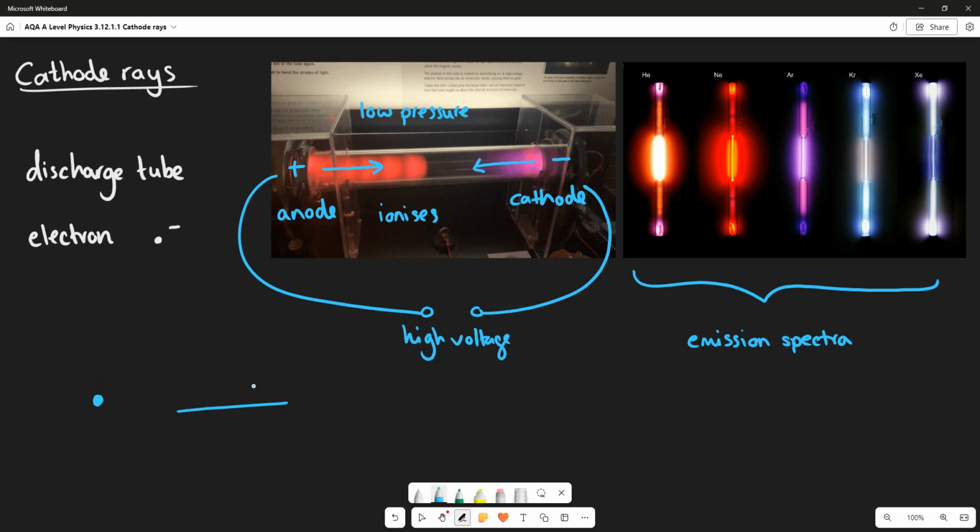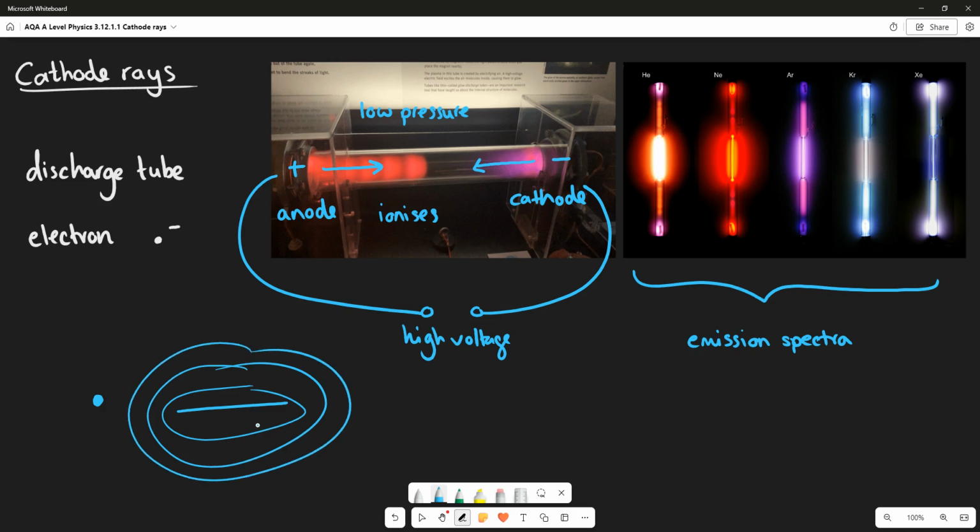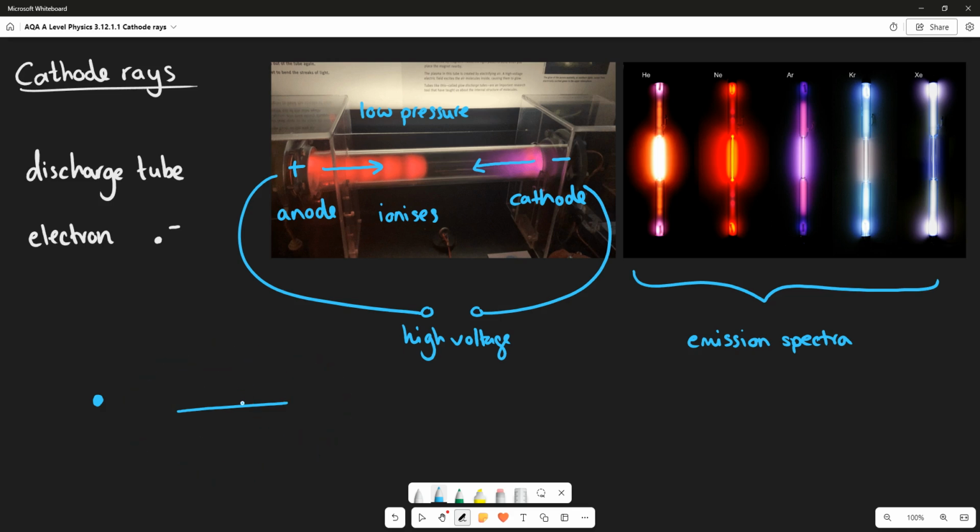And if it's a flat surface and it's light, you would expect it to be given off in all directions. But what he noticed was that when you have a flat shape for the cathode, the rays are given off at a perpendicular angle, at 90 degrees, which indicates that it's likely to be particles.